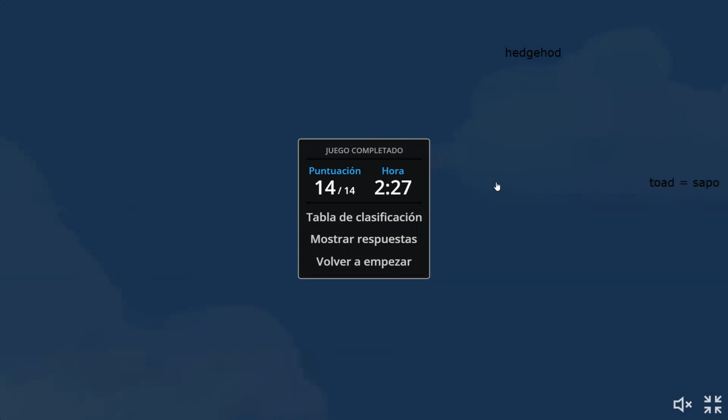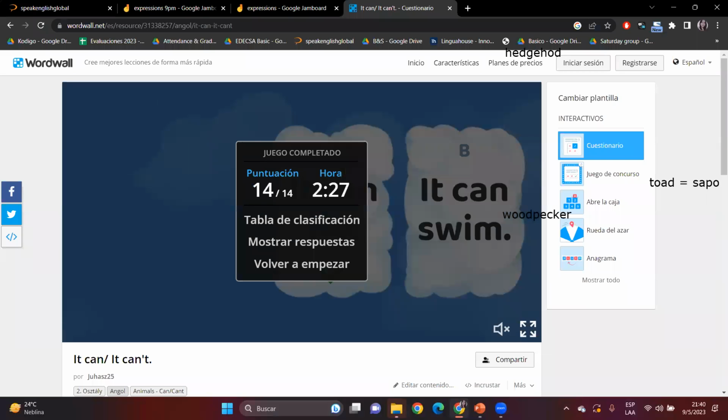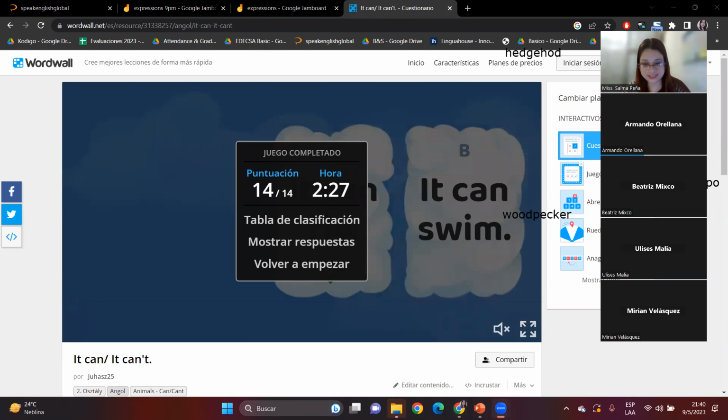No, I think that was not a carpintero, but if you want to say carpintero, that is woodpecker. That is the name. Woodpecker. Ese sería carpintero. So, guys, that's how you use can and can't.